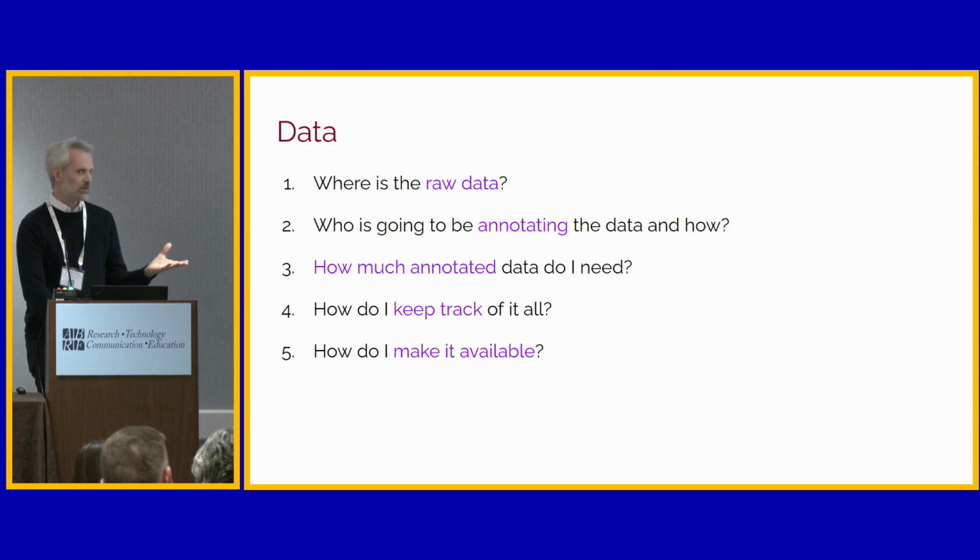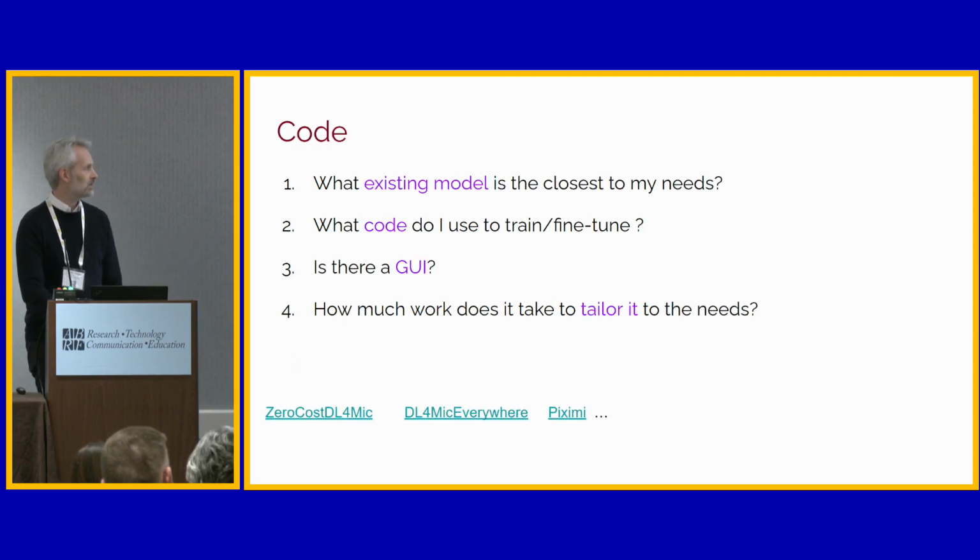Like, where's the raw data? How big is that? How are you going to be doing the annotation? Who is going to be doing the annotation? How much annotated data do I need? That's another important question. And how to keep track of the data and the versioning of data and so on. And how to make it available once you've got it.